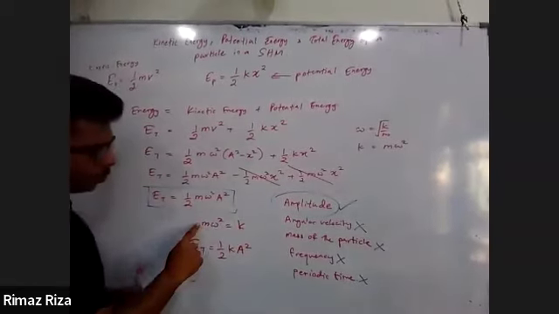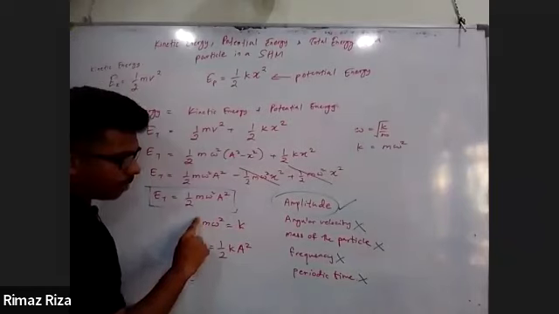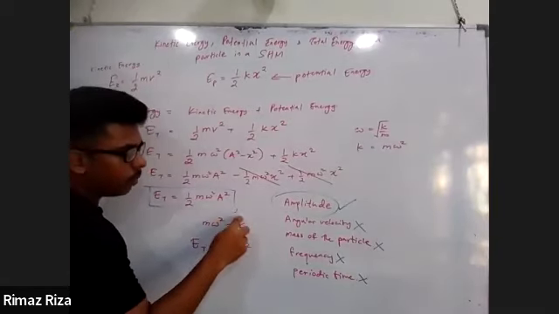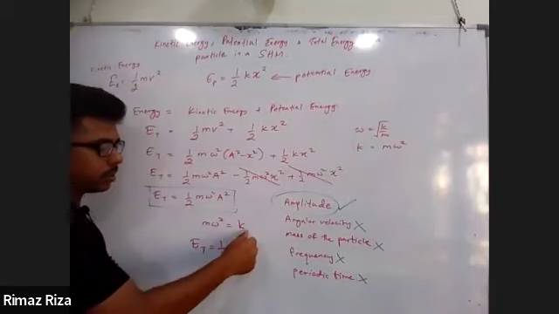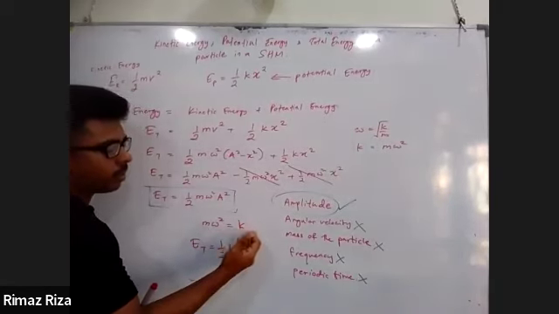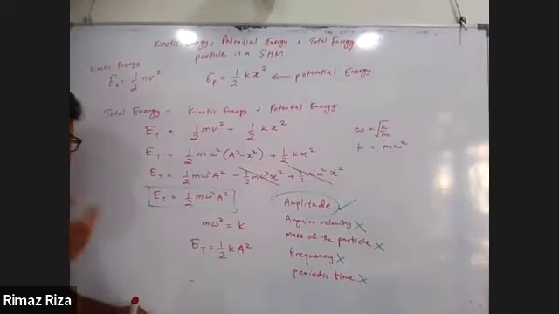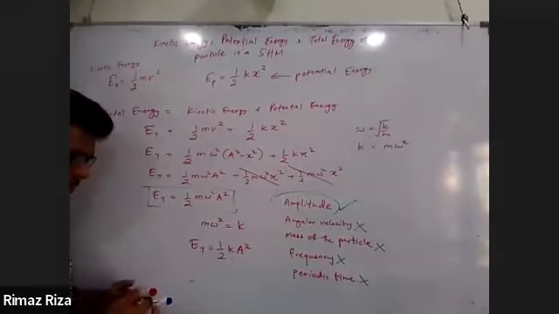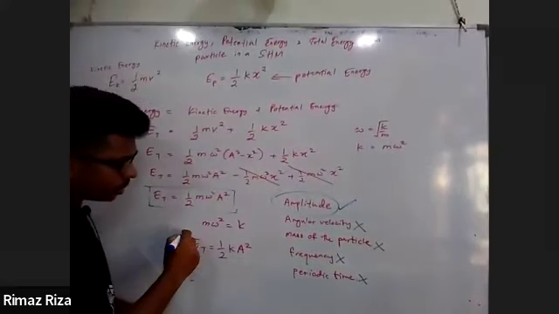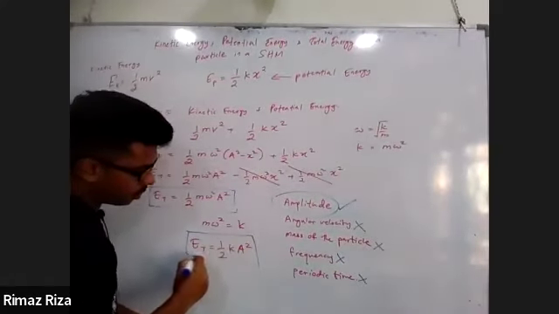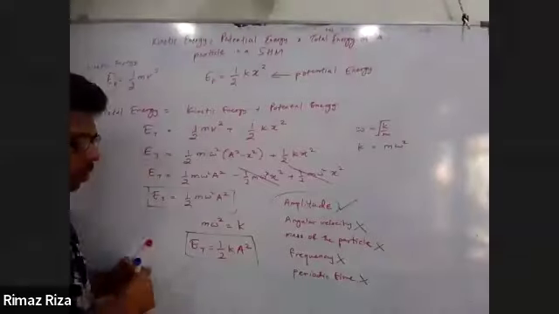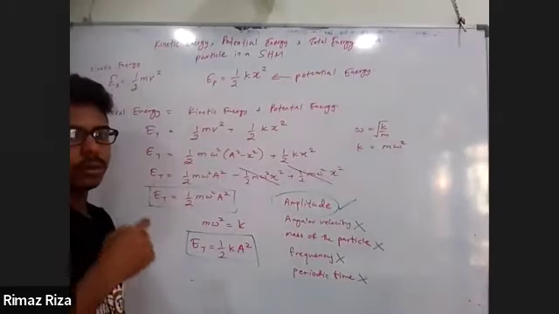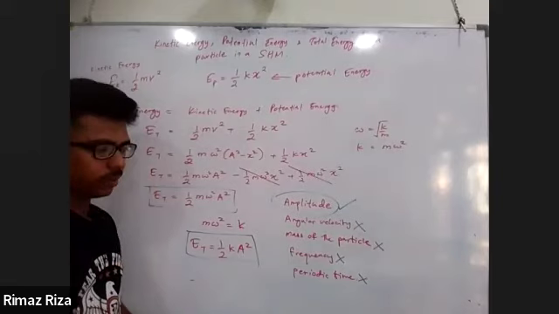If you increase the mass, omega will decrease, keeping k constant, because k is a spring constant. For a given simple harmonic motion, k is constant. Therefore, the energy depends only on its amplitude, not on the mass, the periodic time, or the frequency.